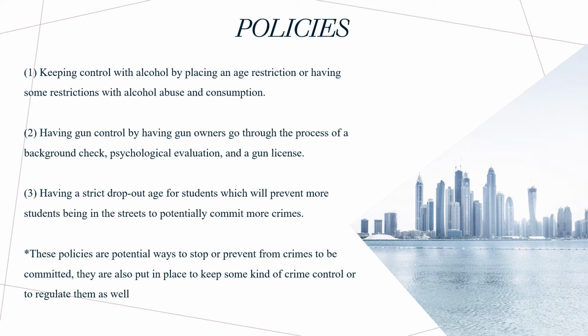For number two, we have gun control, where gun owners go through the process of a background check, a psychological evaluation, and a gun license. Number three, having a strict dropout age for students in school, which will prevent more students from being in the streets and potentially committing more crimes.